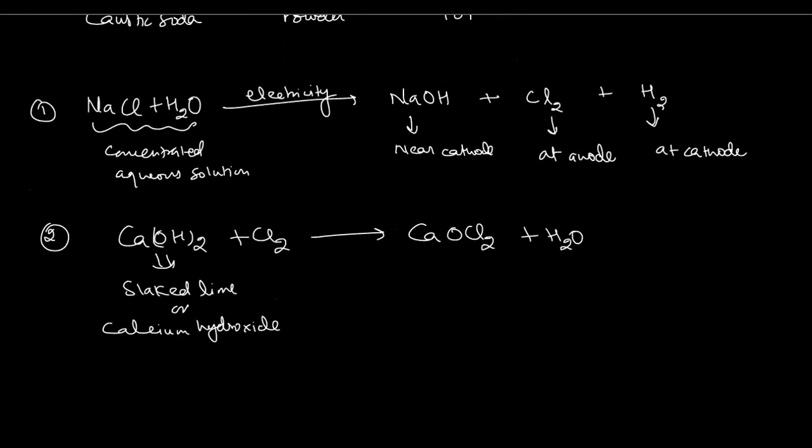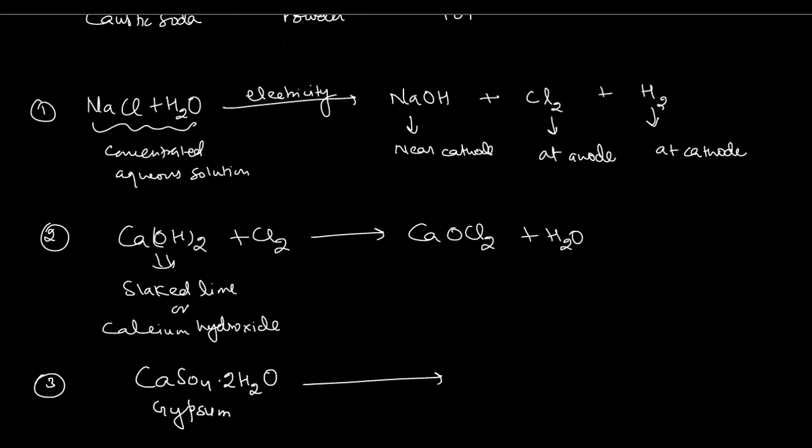And the last one, the third salt that we have studied, beta, is calcium sulfate hemihydrate, meaning plaster of Paris, and this can be prepared by heating calcium sulfate dot 2H2O, that is called gypsum.